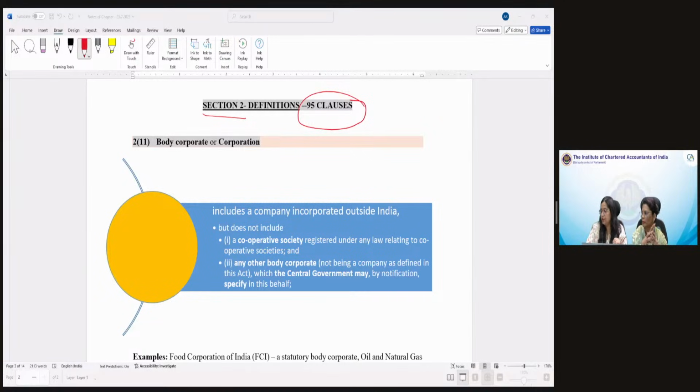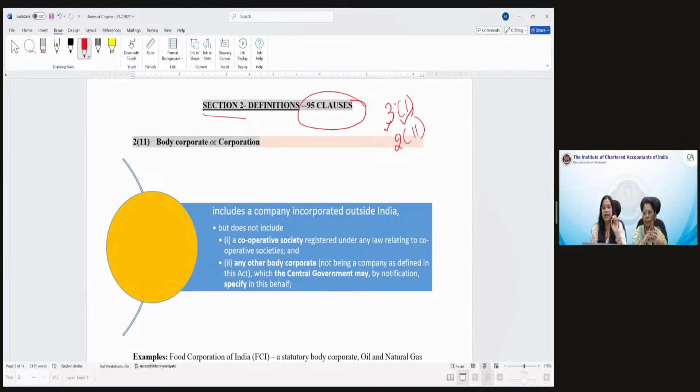What I was saying is, had it been section 3(1), I would have said section 3, subsection 1. But when I am talking about section 2 of the Companies Act, and it's 2(11), I will say section 2, clause 11.